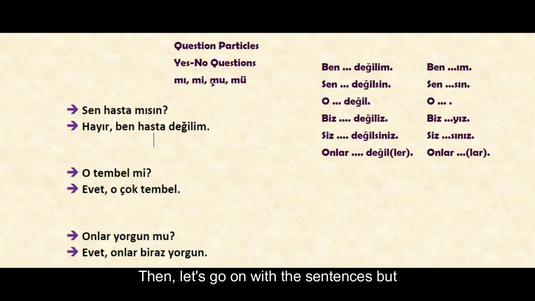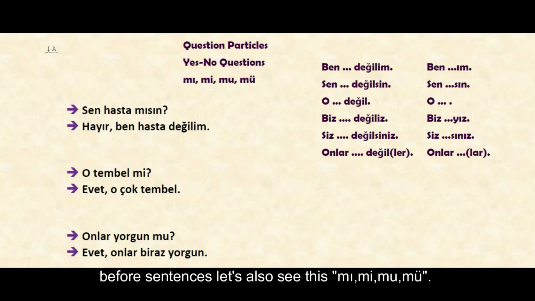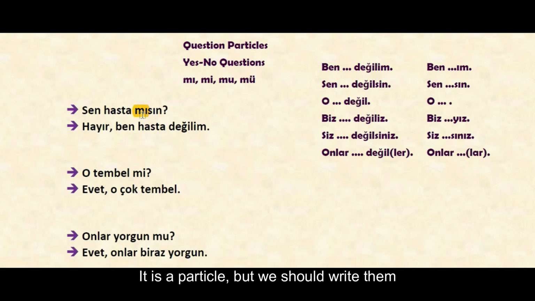Then let's go on with the sentences, but before sentences let's also see this mı, mi, mu, mü. So we should use this mı, mi, mu, mü as a separate kind of word. It is a particle, but we should write them separate. And also we should add the personal suffixes after this mı, mi, mu, mü.